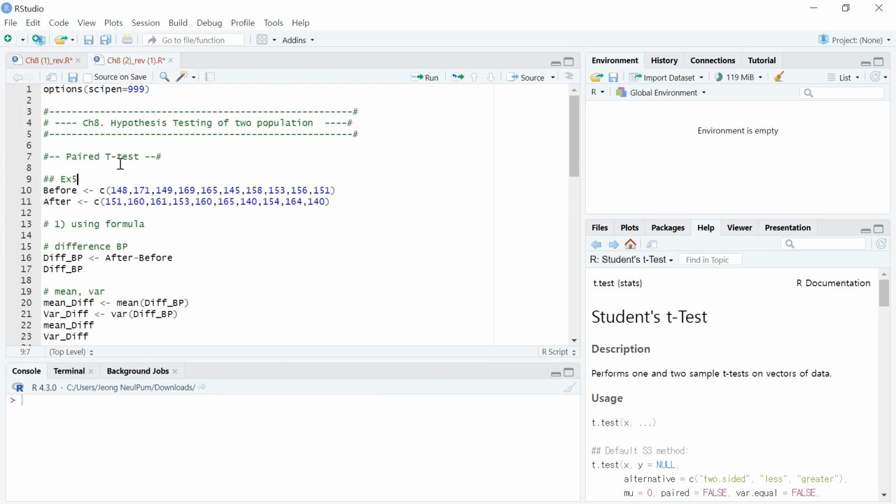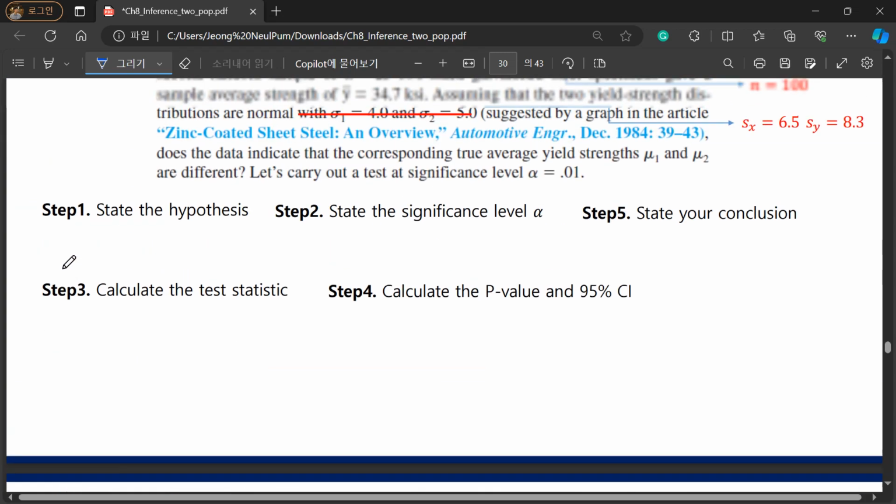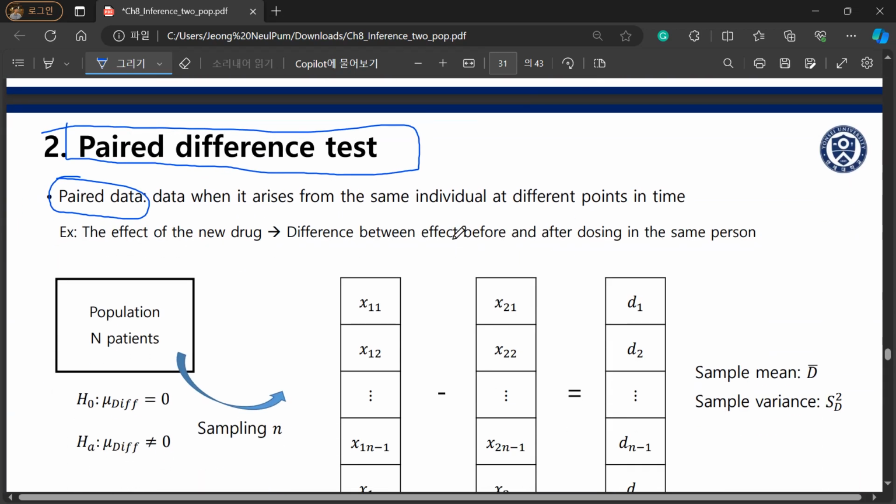So the next situation is when our experiment is about the paired difference test. The paired data is somewhat different from the previous one because we are dealing with the same individual, or the same experiment object, so that we observe each data at different points in time.